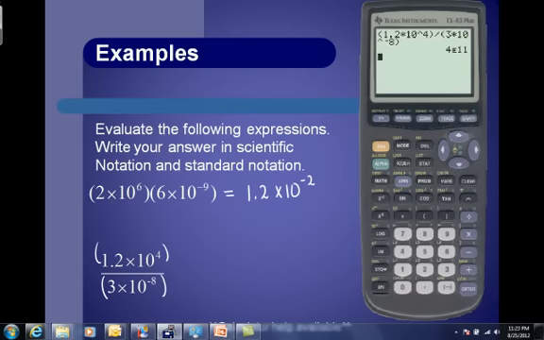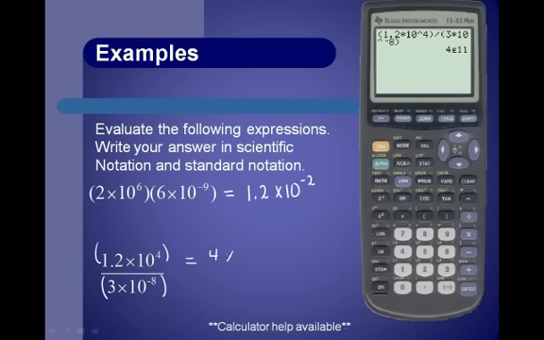Then when we close that parenthesis, we get 4e11, which means 4 times 10 to the 11th power. In standard notation, remember this is 4 with 11 zeros, just like we did on the previous page.